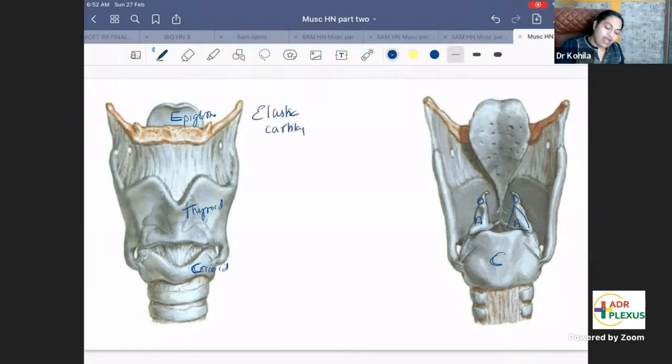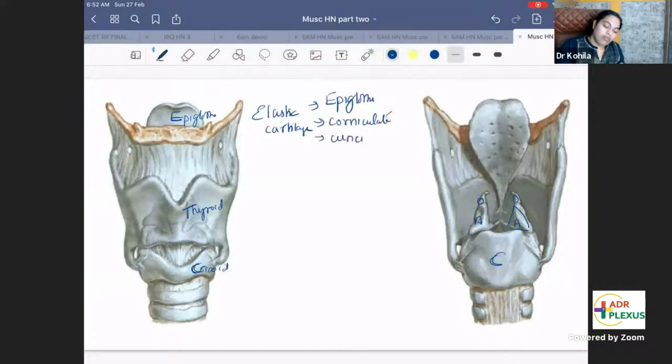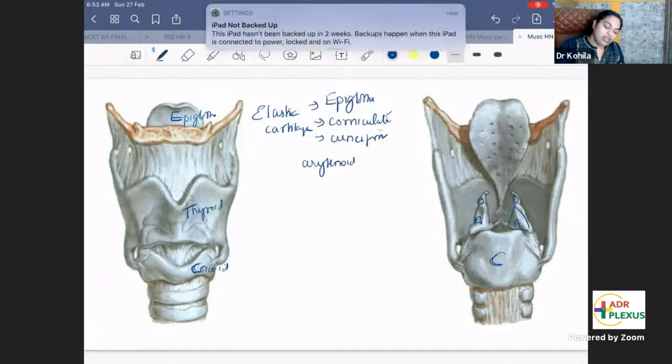Elastic cartilages of the larynx: epiglottis, corniculate, cuneiform. They have asked it repeatedly, that's why. And the vocal process and apical process of the arytenoid.